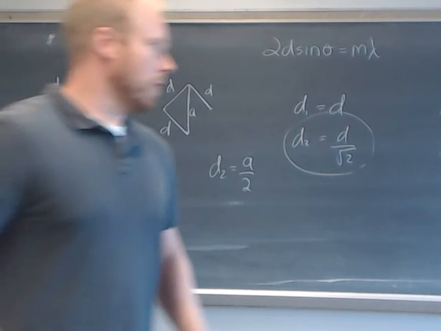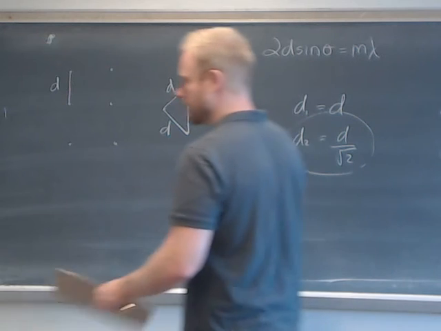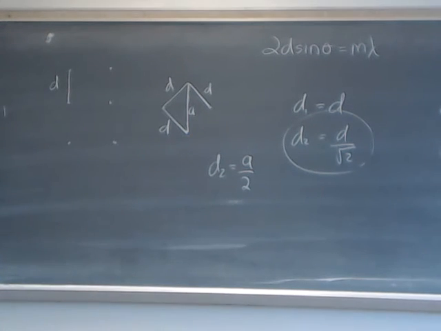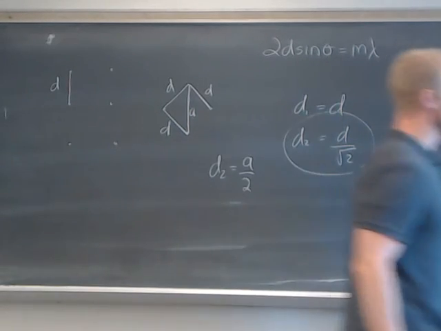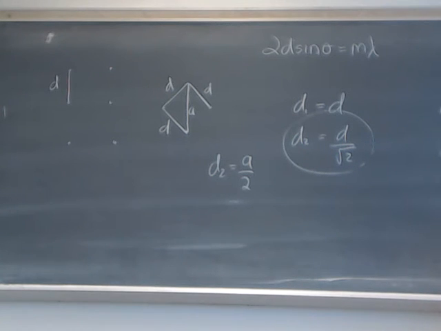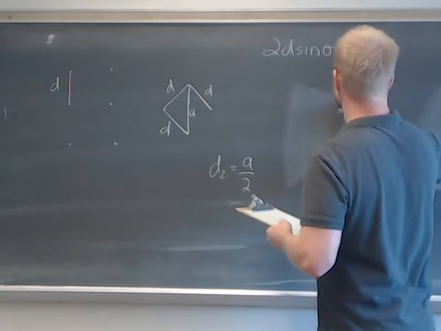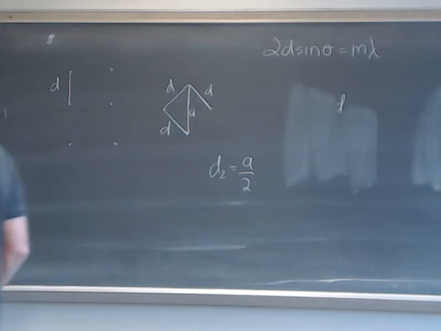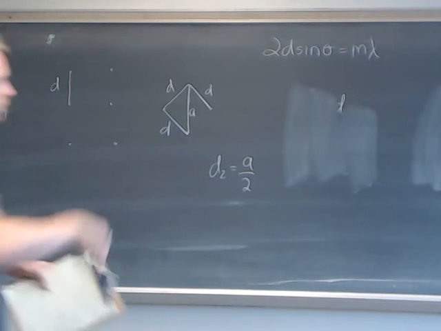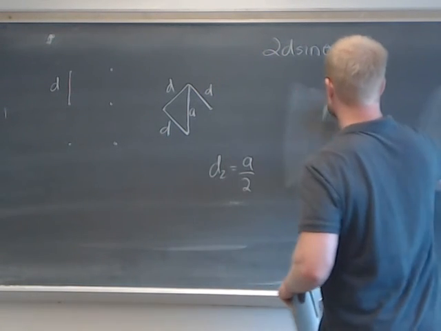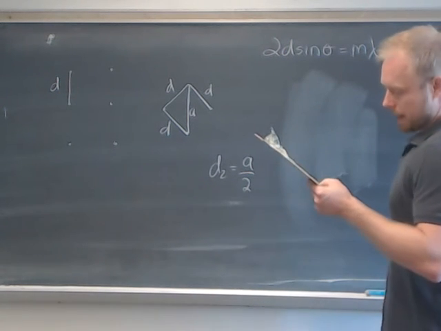The thing that concerns me about this is you guys got it right, but had it been in the reverse, you would have gotten it wrong. Which one is this? 416b. It's the exact same equation right up here, the 2d sin theta.